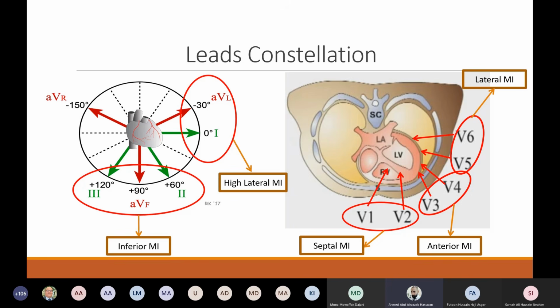Let's take a look at the limb leads on the left side of your screen. The limb leads look at the heart in a coronal section. Leads 2, 3, and AVF look at the inferior side of the heart.